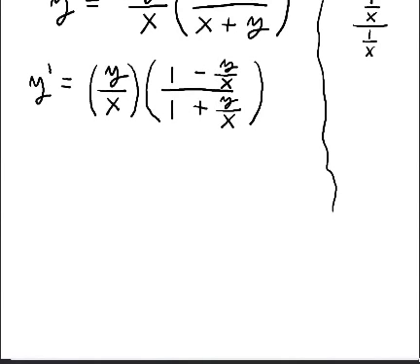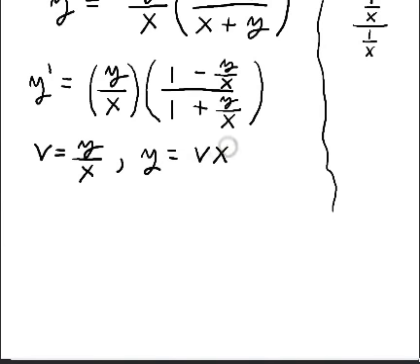So the substitution that works in this case is, if I set v, I like to use v for some reason, v is equal to y over x. Now if you make that substitution, I'm going to solve for y. That says that y is v times x.